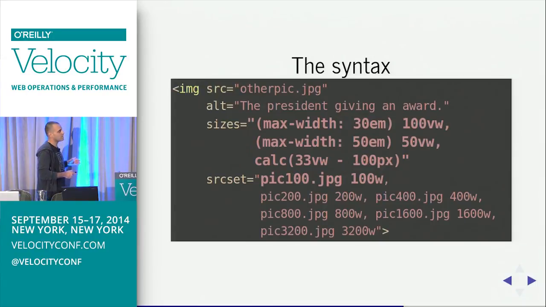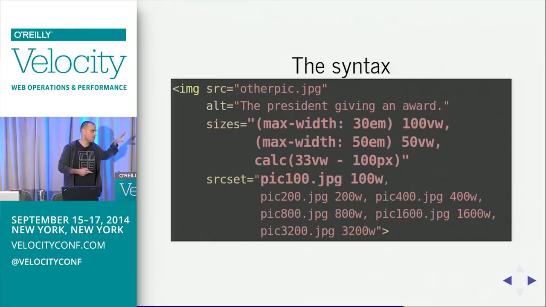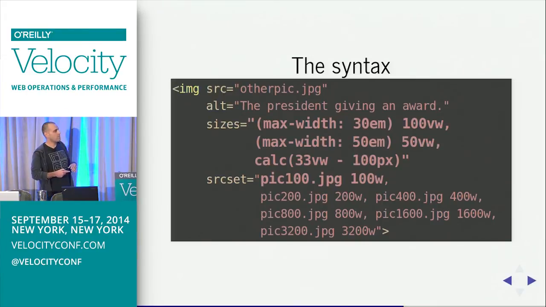So in this case, what this size expression means is that when the max width is 30 EM, so when the viewport is smaller than 480 pixels, the image length would be 100% of the viewport.